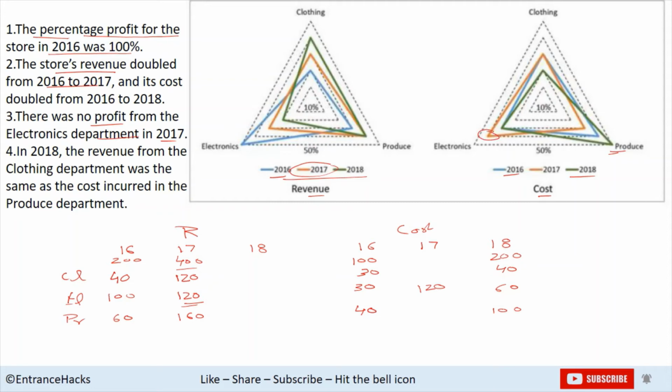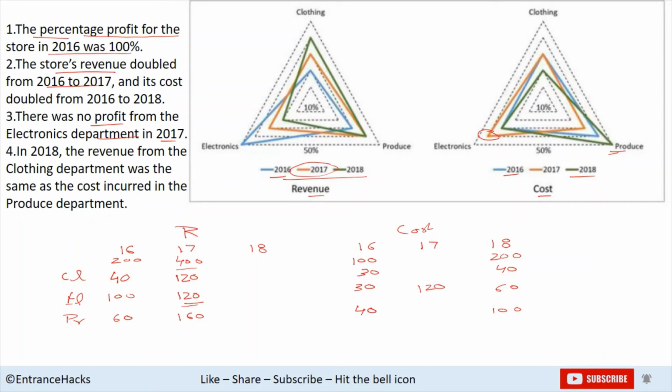So if 40% is 120, then 10% is one-fourth of this, that will be 30. Now we'll find the value for clothing.